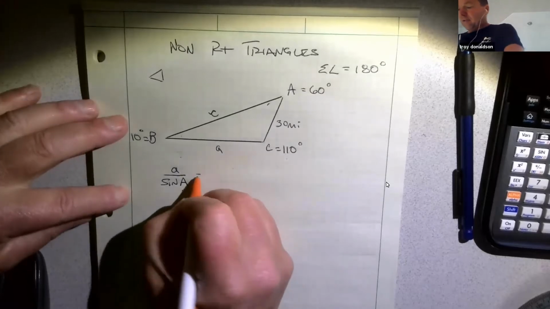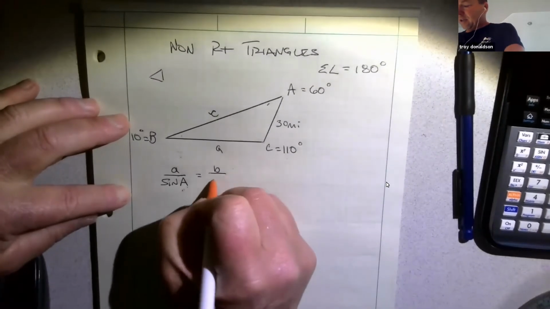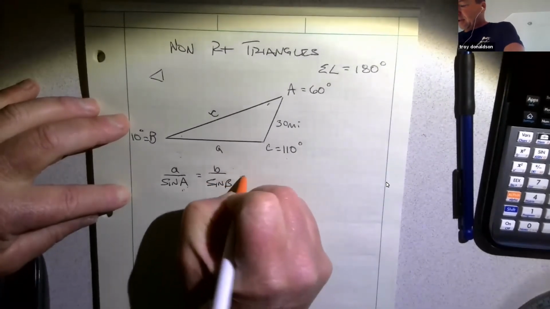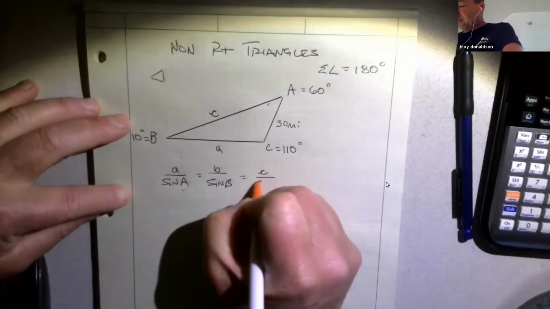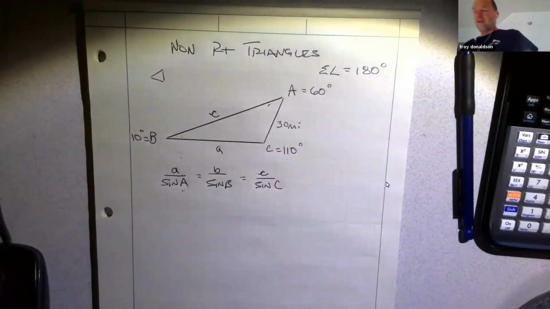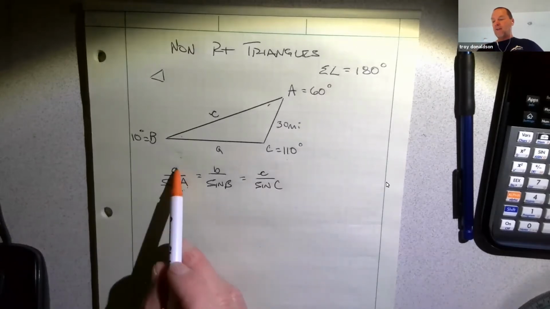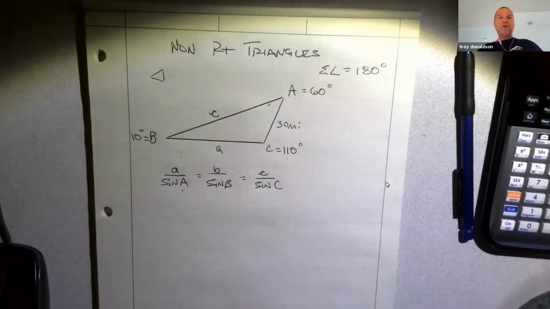And then that equals B over the sine of B. And that equals C over the sine of C. Now, this can be written in any order and in any position. So I could write the sine of A on top and A down below. That would be fine too. I think this is the most common notation for it.